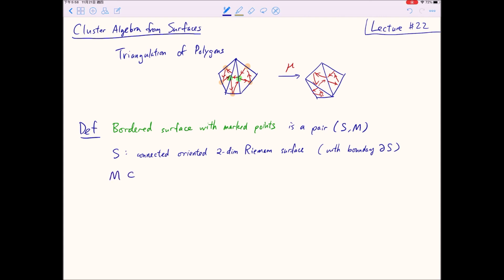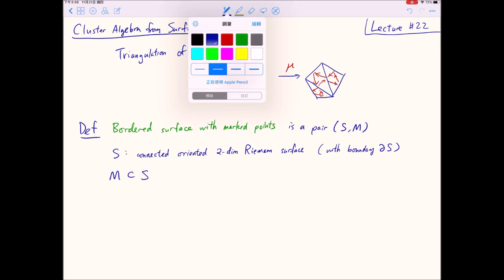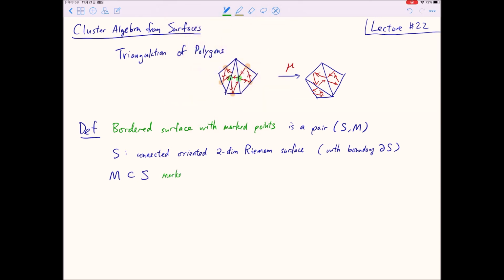M will be the marked points, which is just a non-empty finite set. So the marked points can lie on the boundary or lie in the interior of the surface.